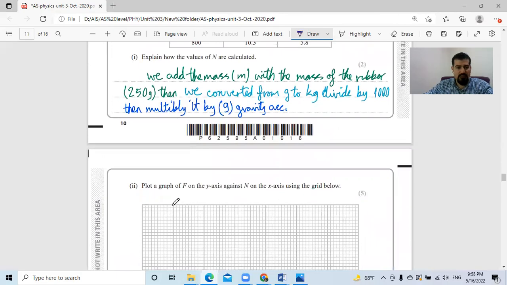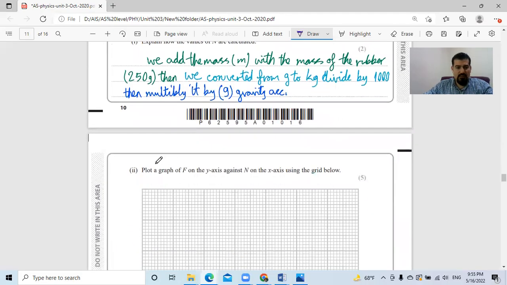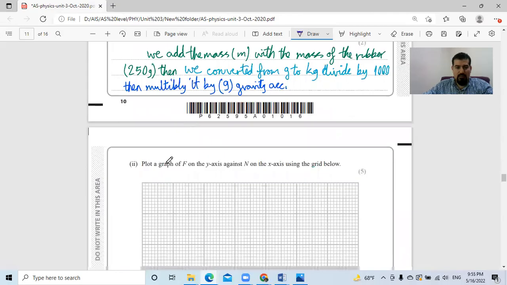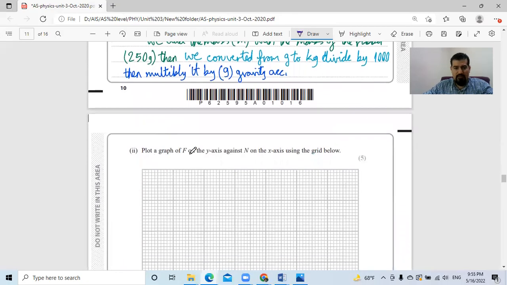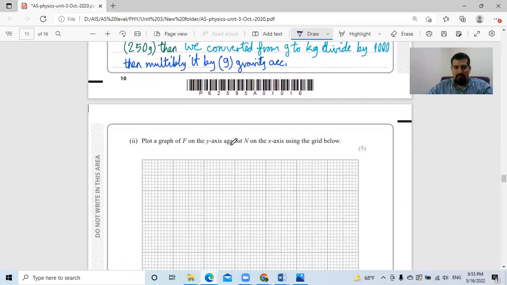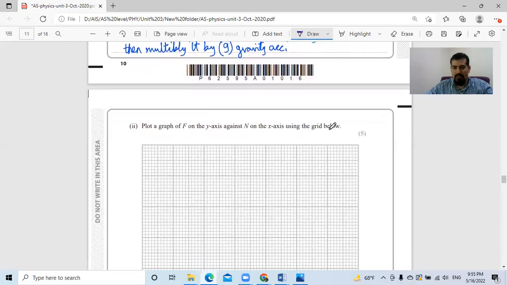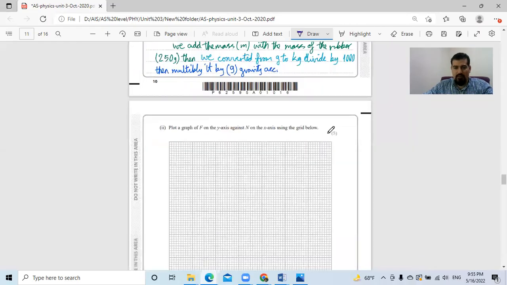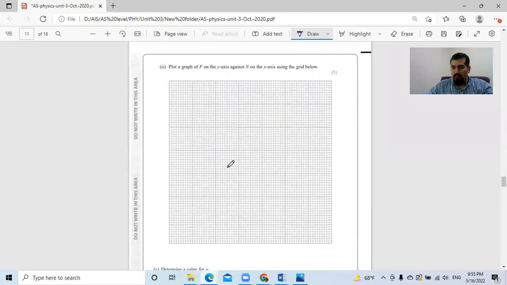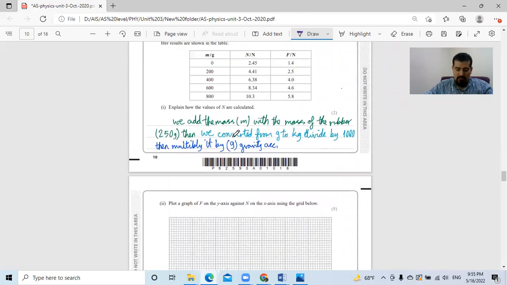Next, part (b)(i). Plot a graph of F on the y-axis against N on the x-axis using the grid below. Now, as you know, since the IGCSE, we have to draw the best fit line, and it's not necessarily to start from 0 every time.